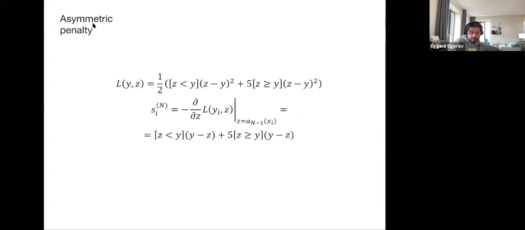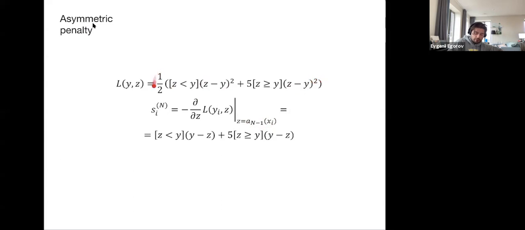Okay, let's also take a look at some other losses. For example, we would like to punish a mistake which is higher than the target more than a mistake that's lower than the target, like 5 times. Then we do what we need to do: we take the gradients with respect to the answer of the previous algorithm, and of course here we will just have linear terms.